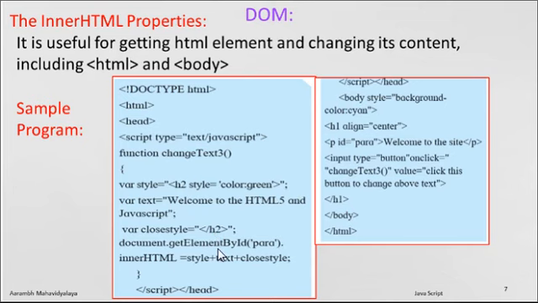Then document dot getElementById para. Para is a variable and it will be specified here by using the class, and these contents will be displayed here.